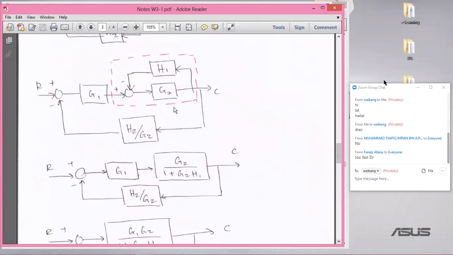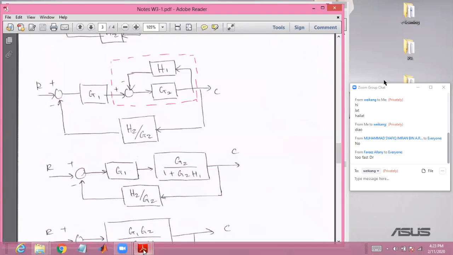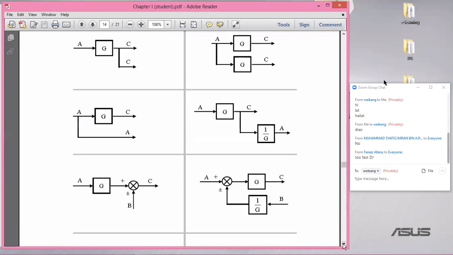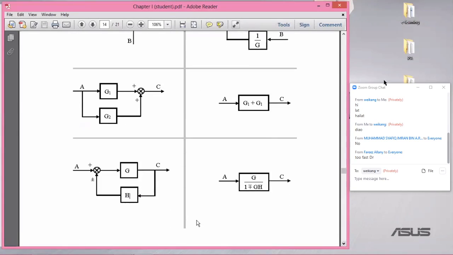Now to the second stage. After having done that, now you can see this is now just a simple negative feedback. See, you can replace the whole thing with G divided by 1 plus GH, which is the last element in the table. If you look back to the table, the last element in the table, any feedback loop you can replace with G divided by 1 plus GH.